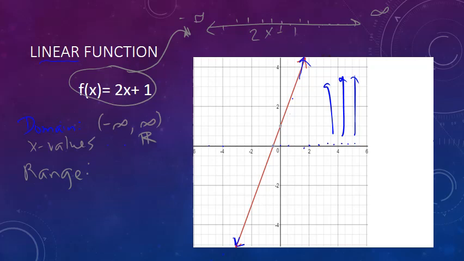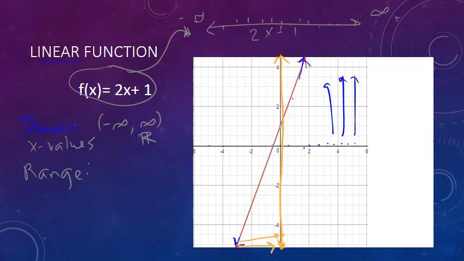Okay, so now let's think range-wise. The range has to do with the y values. So the same concept, here's our number line for the y values, and we want to think about bottom to top. If we look at this graph from the bottom, it has a y answer everywhere, all the way down on both ways.